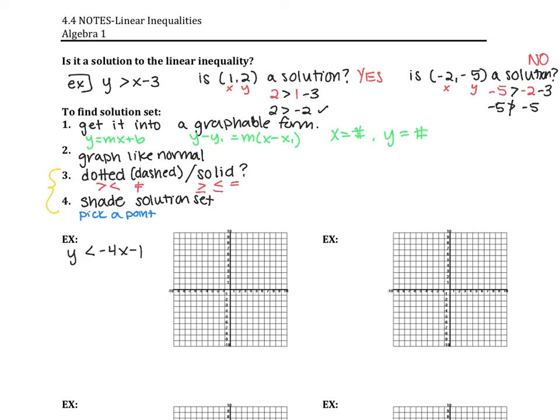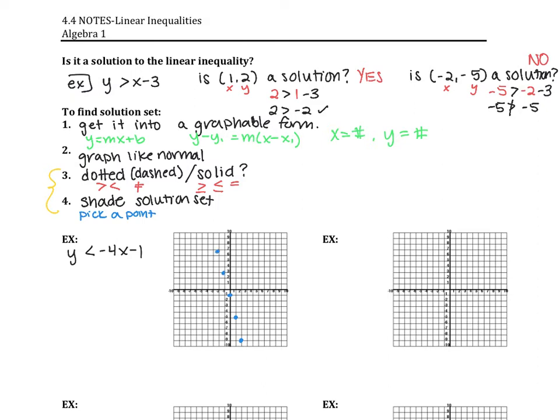So first, is this in a graphable form? Yes, this is in a graphable form. This is slope-intercept. So I'm going to start at my y-intercept of negative 1, and I'm going to count down 4 over 1, or up 4 over 1, the other direction.